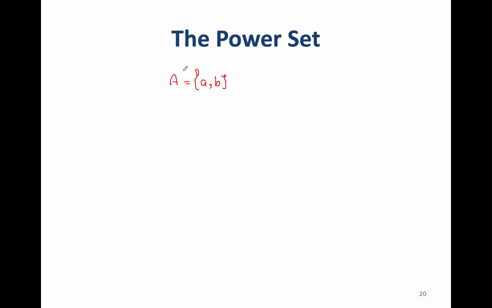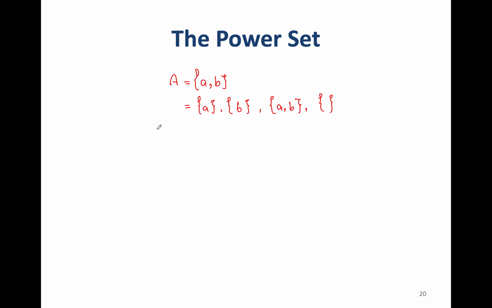Now, how many subsets can I get from A? So let's do it together. The subsets that we can get from A are {a}, {b}, {a, b}, and the empty set.